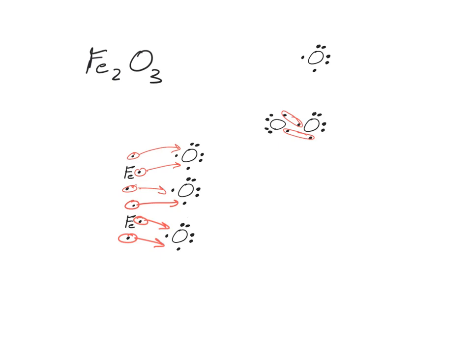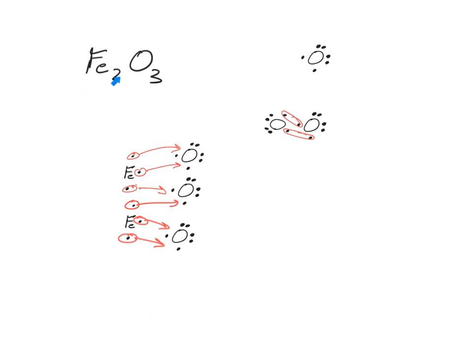That's because of the number of electrons that need to be transferred and accepted. So the only way to get each oxygen to have 8 electrons and get rid of all 3 electrons in the outer shell for the iron is to have 2 irons combining with 3 oxygens.